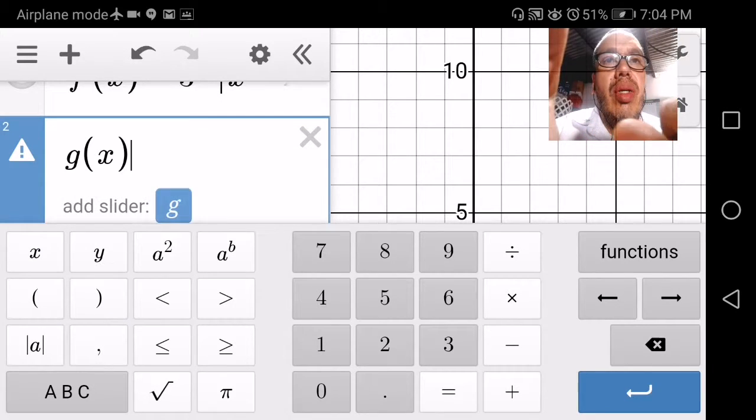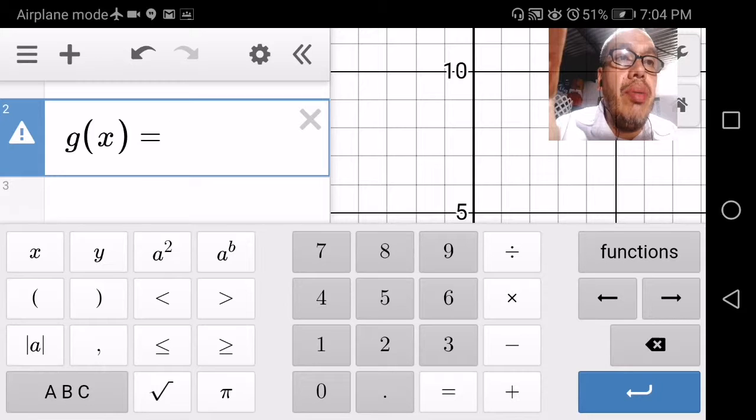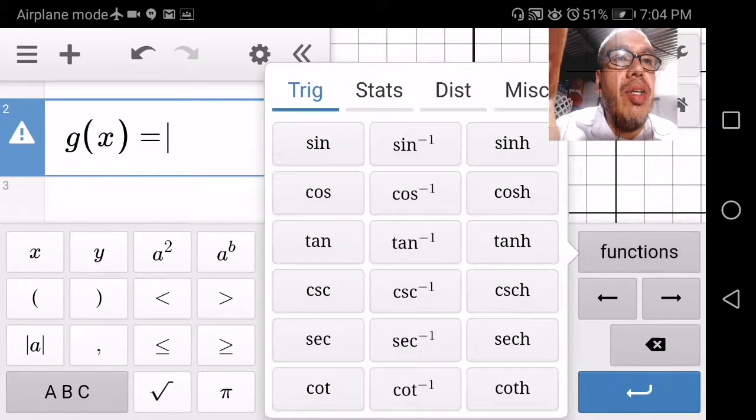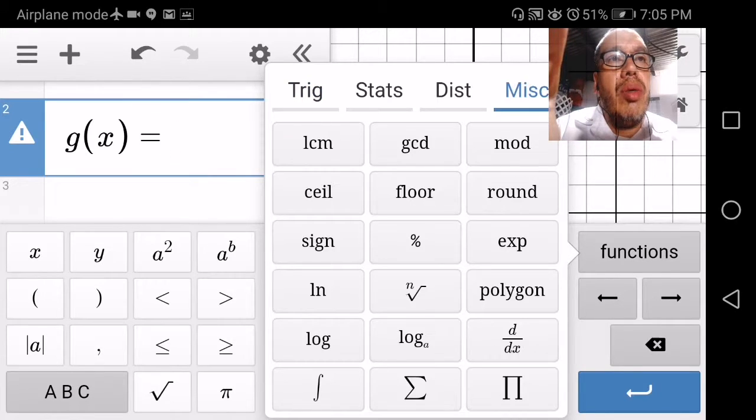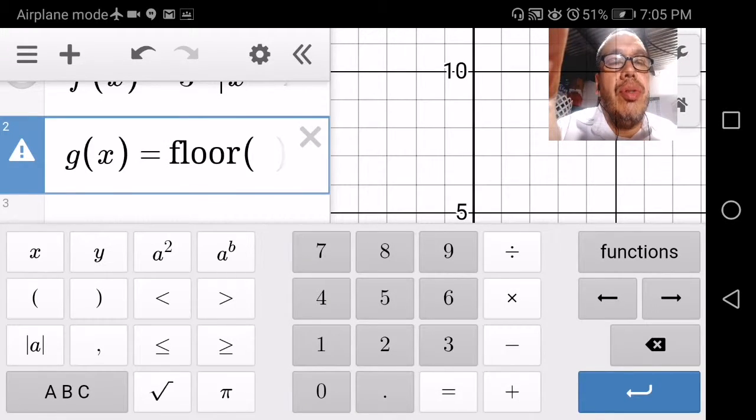So this is not going to be available in the usual menu. You have to go to this functions menu, and over here we might want to go to miscellaneous functions, and there you see this one that says the floor function.